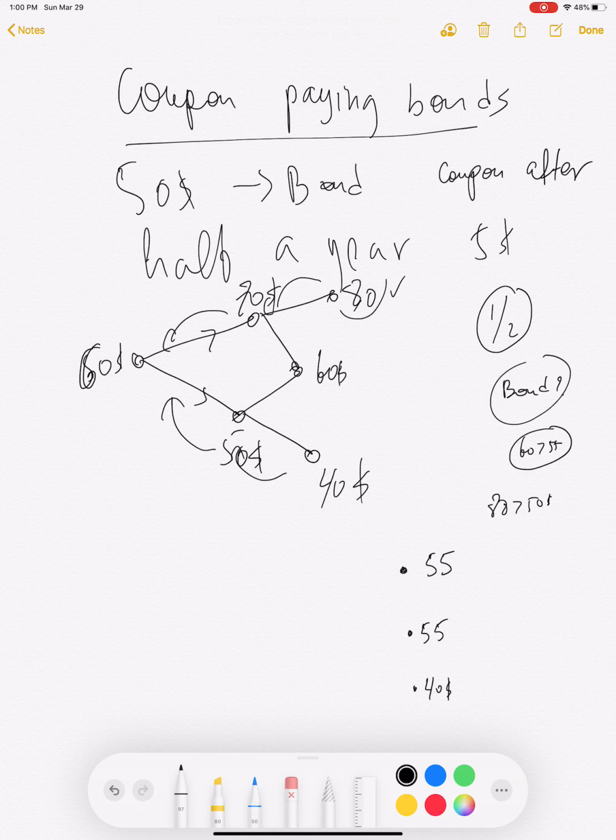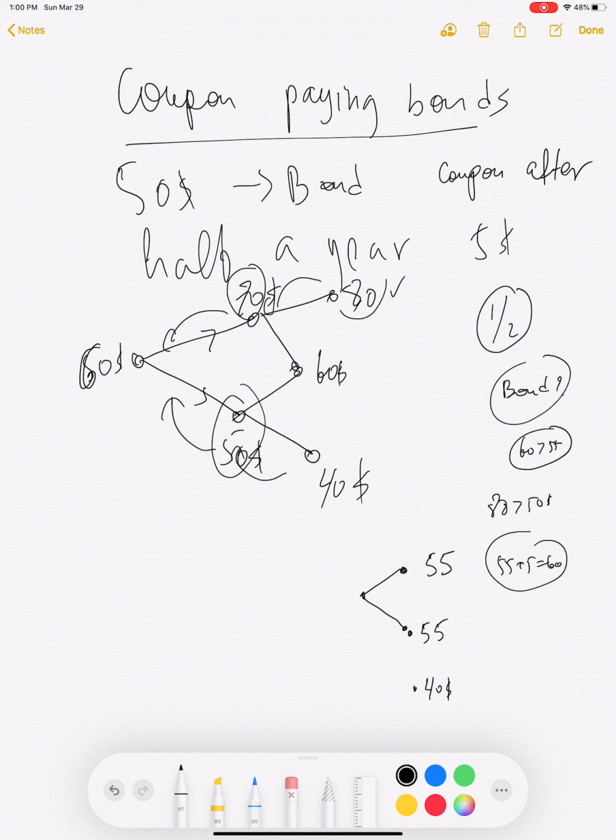Now, going back, let's assume that you want to look at these nodes separately. Here you see that your value is $70, so here you can actually meet the payments that you want, right? Because here it's $70, you have here 55, you have 55 plus 5, which is 60.